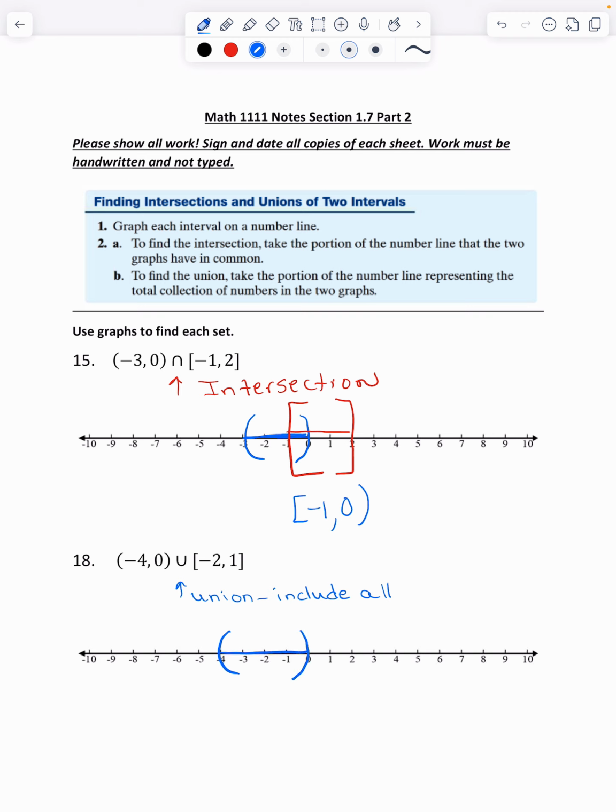I'm going to graph my second interval. So I'm going to begin at -2, and I go to +1. So when it's union, I'm going to include everything that's on the graph. So my answer for this is I'm starting at -4 with the parentheses, and I stop at 1, and it has a bracket, so that's what I'm going to use in my answer.